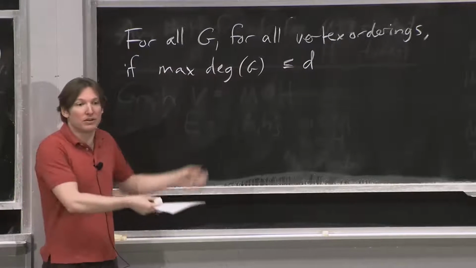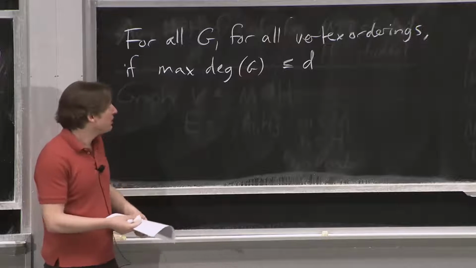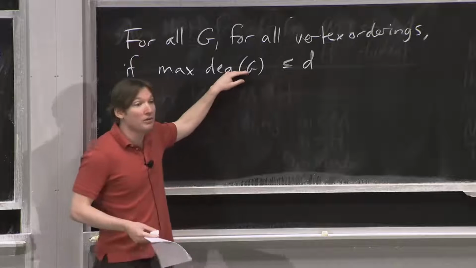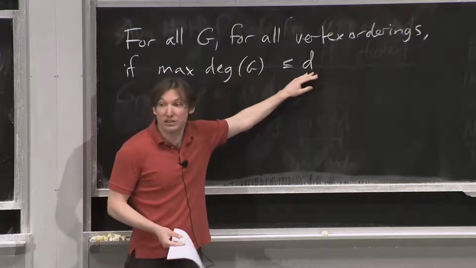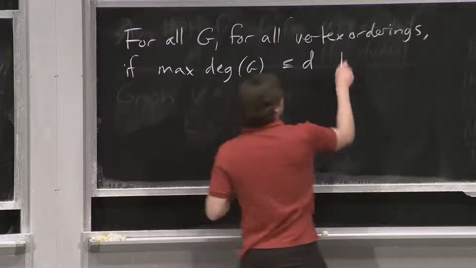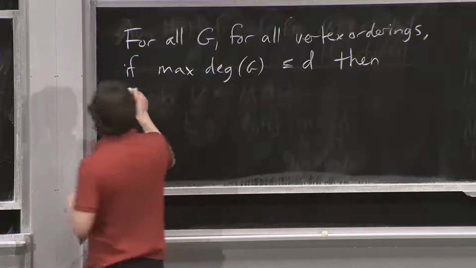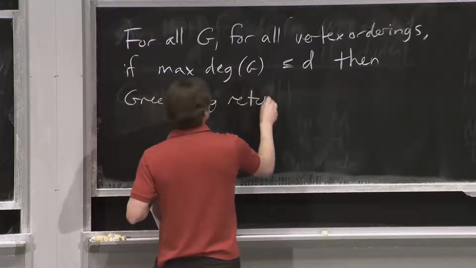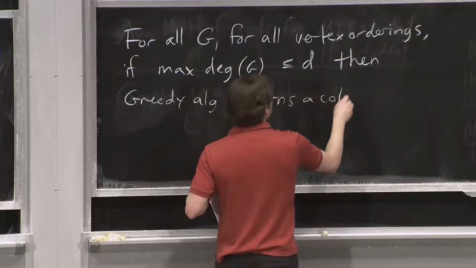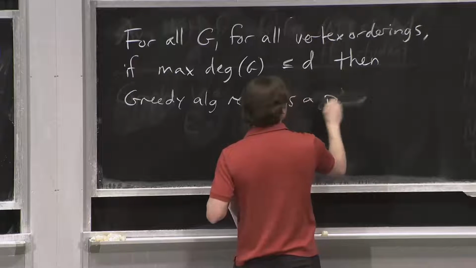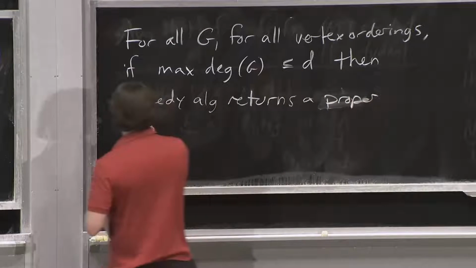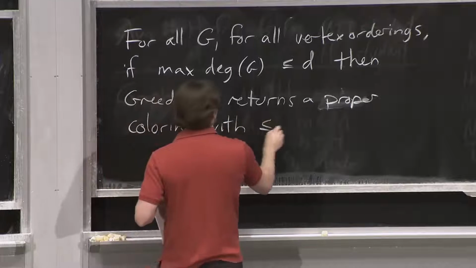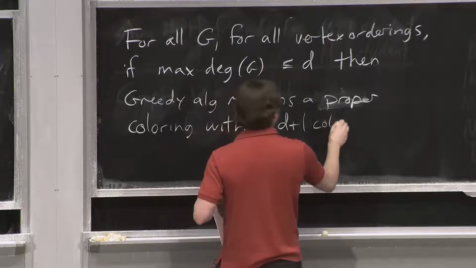So the maximum of the degrees of the vertices. So if the max degree is at most d, said differently, if all vertices in the graph have degree at most d, then the greedy algorithm returns a coloring, a proper coloring, with at most d plus 1 colors.